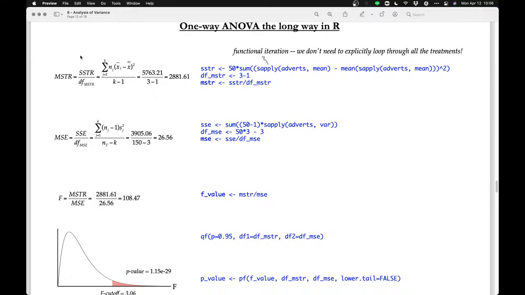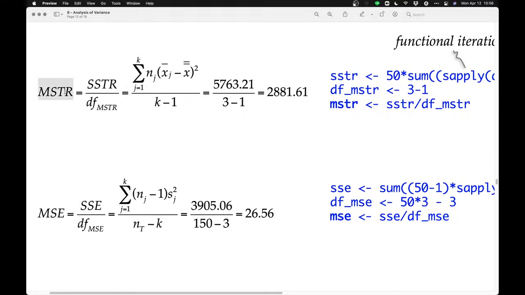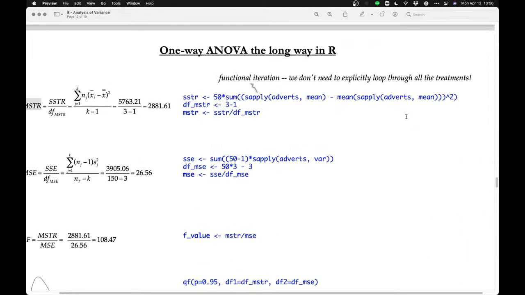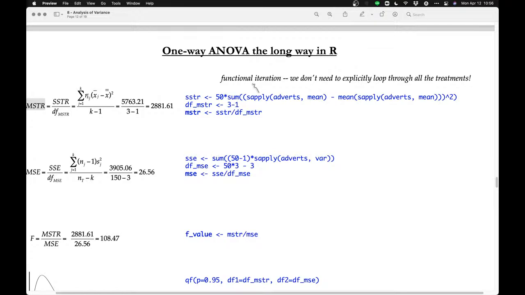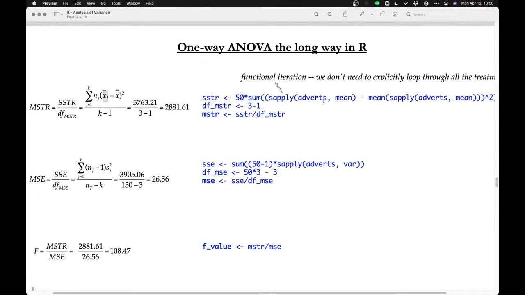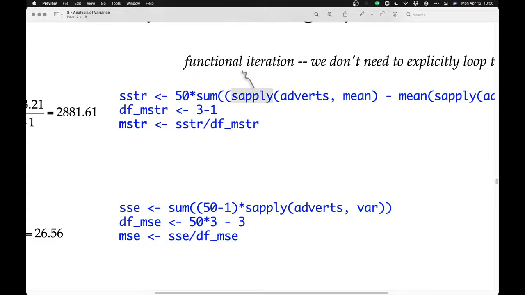Okay, so treatment variance. Wow, what an ugly formula, but we can write it out by ourselves here, all right? This expression here is the mean of a treatment. I can get the mean of all three treatments just by doing that. We saw that before, right?